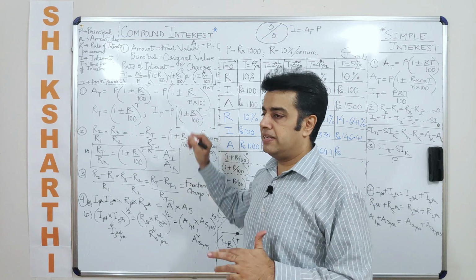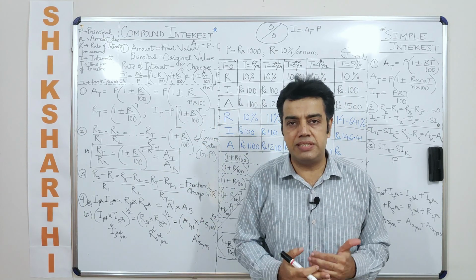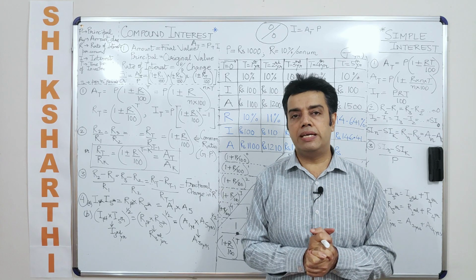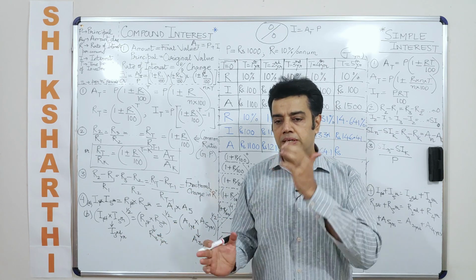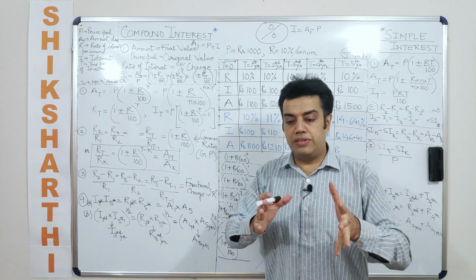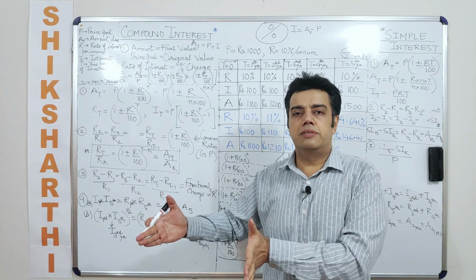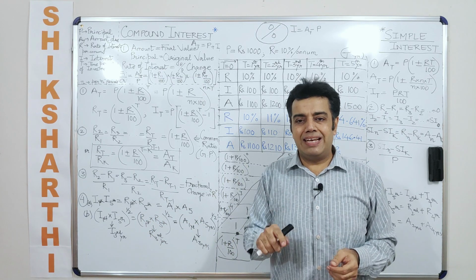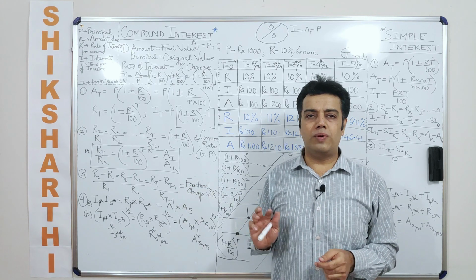So if I say that the compounding is being done at r% per annum, wherein the rate of compounding is once in every 3 months, that means I need to divide the rate of interest into 4 such parts. Why 4 such parts? Because 3 into 4 makes it equal to 1 year.